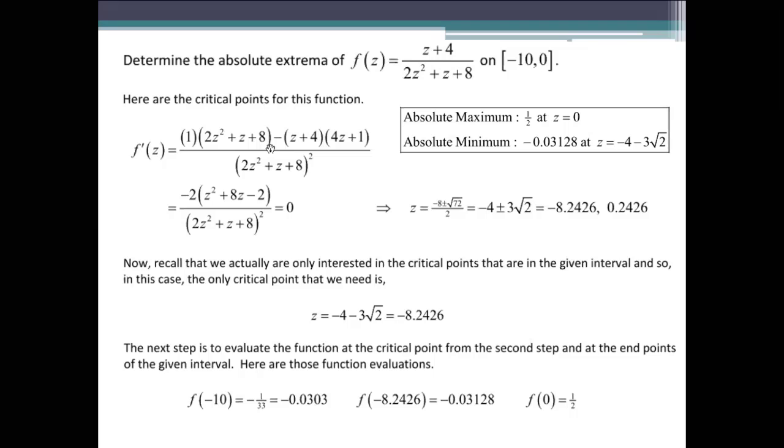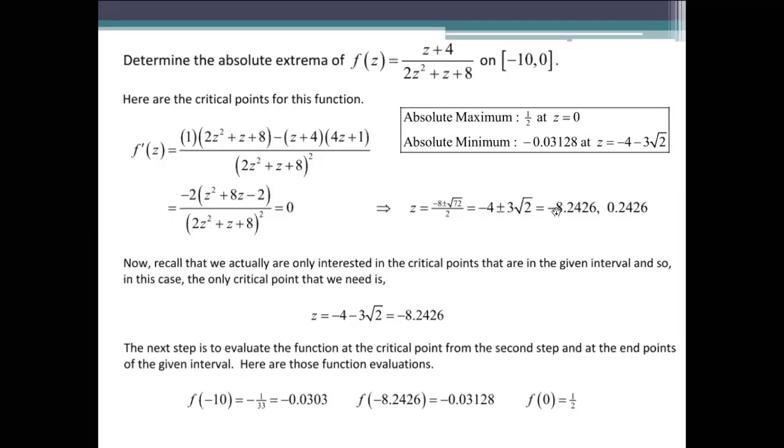If we find the critical points using the derivative of this function, we have the following equation when we compute the derivative. And if we solve this equation, we have the following critical points.